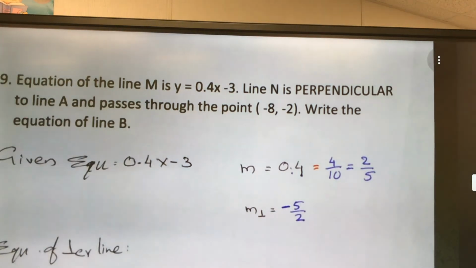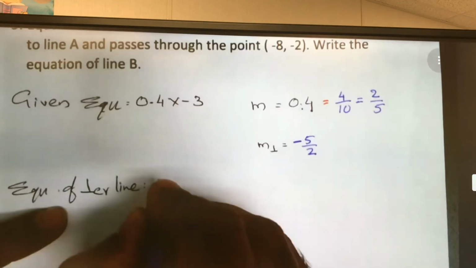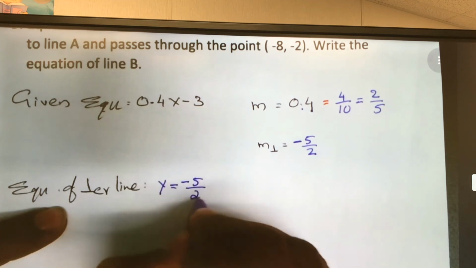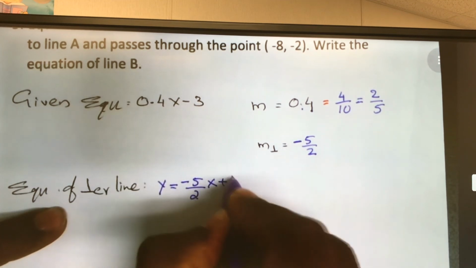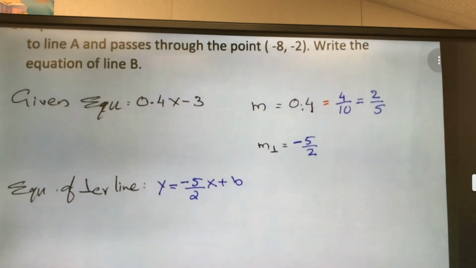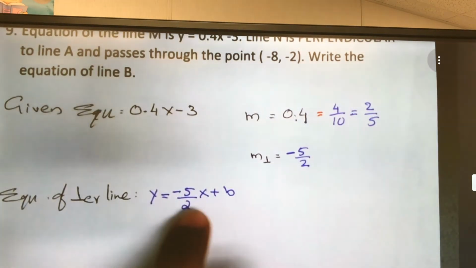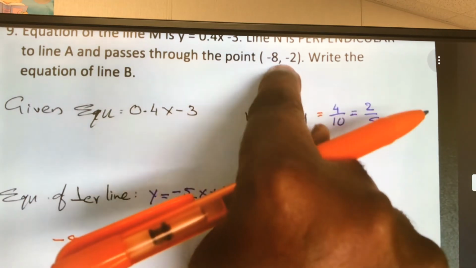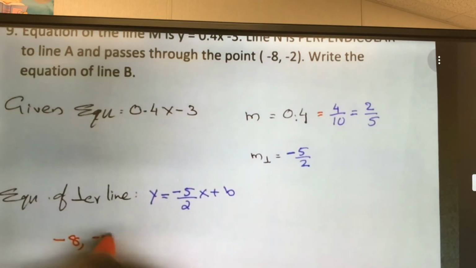Now I know the slope of my perpendicular line. So the equation of my perpendicular line is y is equal to negative 5 over 2 x plus b. To identify the b, replace the x and y with my given point, negative 8, negative 2.